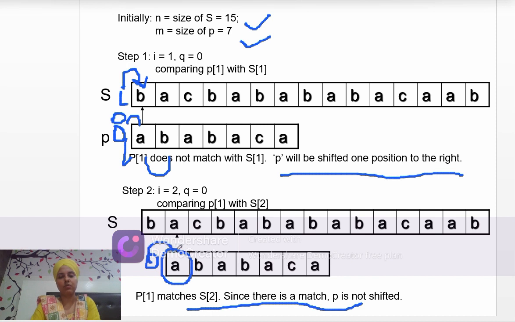We have to compare Q plus 1 with the value of the string, that is the second. Is it matching? There is a match. So we will be shifting P to the next position, that is, we are incrementing now.